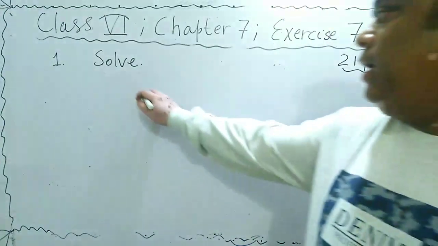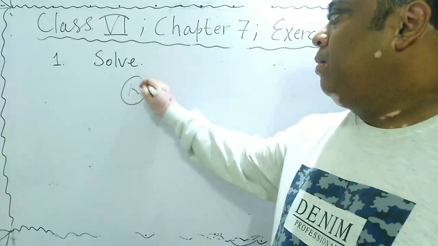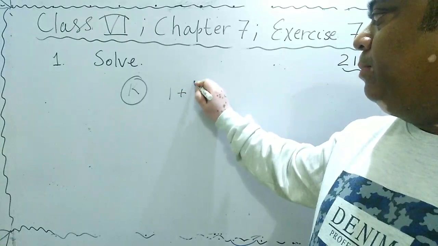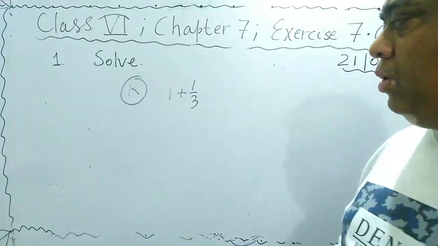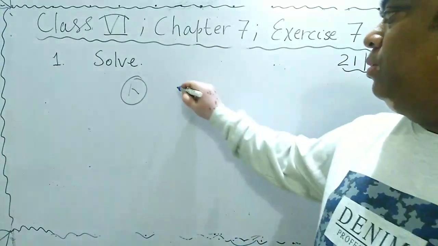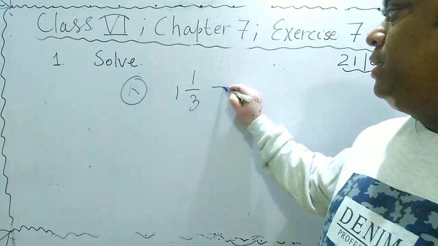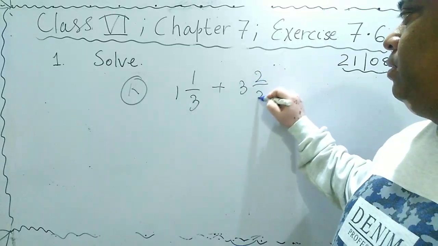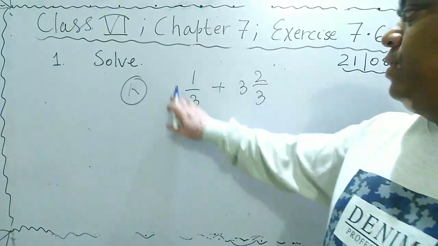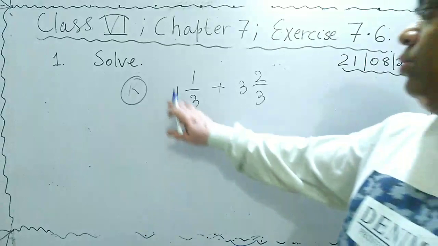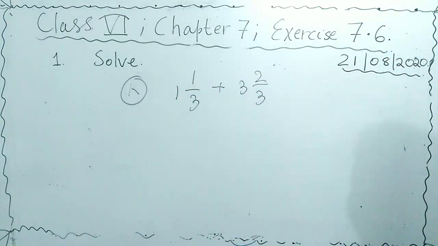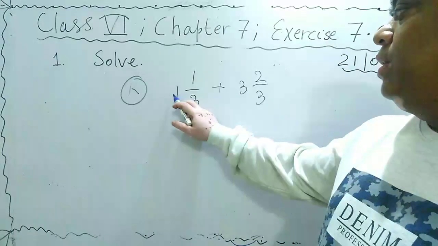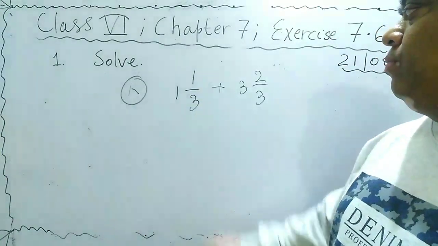According to question number K, 1 1 by 3 plus 3 2 by 3. It has to be first of all converted into improper fraction. So it will become 3 ones are 3 plus 1, 4.